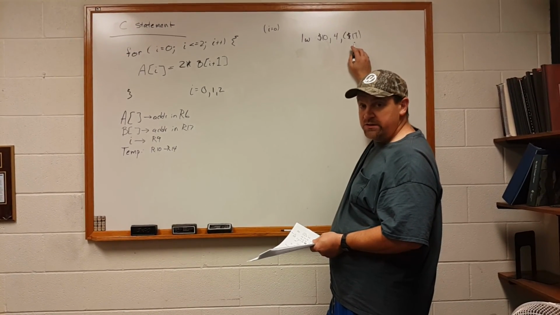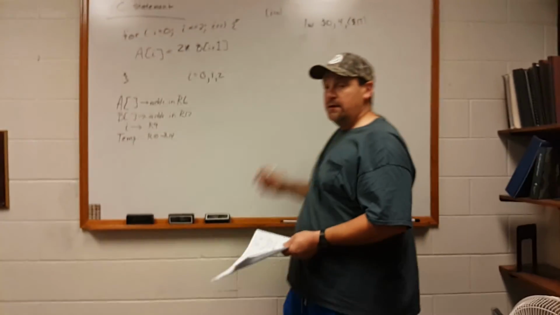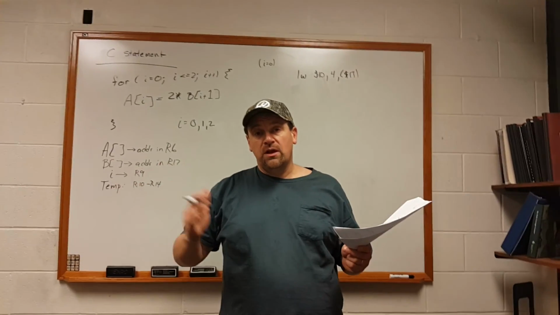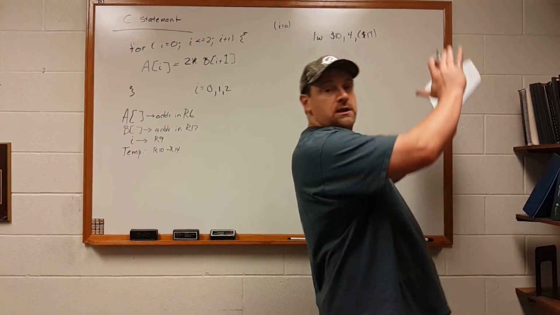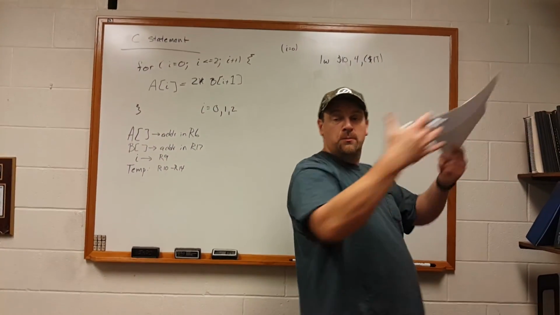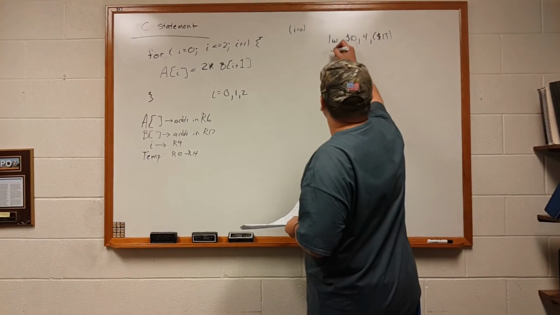The contents of 17 contain an address. We're going to go 4 bytes beyond that. We're going to have an address, 4 plus whatever is in R17. We're going to go out to memory, grab a payload, bring it back, and put it into register 10.